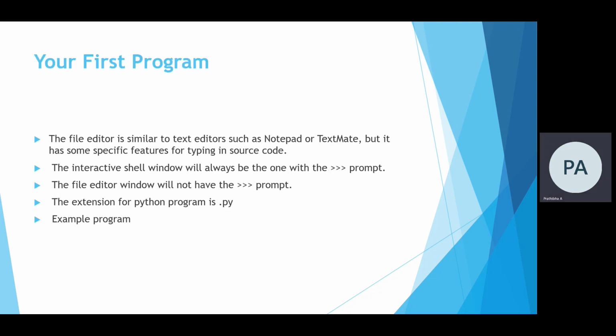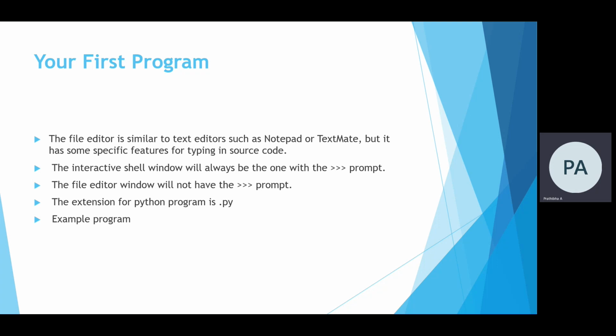So we have our first program here. When I want to write commands, I can use them directly in the interactive shell. But when I want to make a set of code to be run at once, that means as a program, I should make it in a new file.